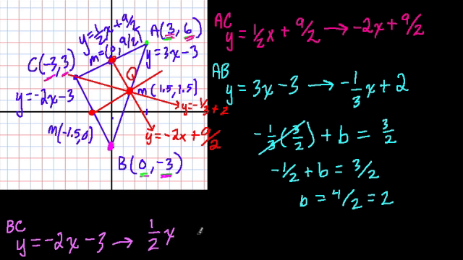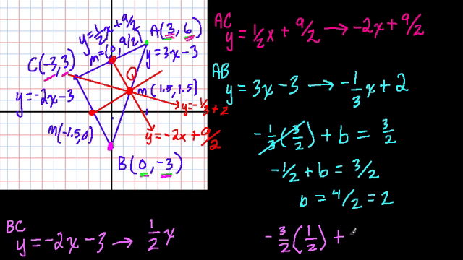And then again, we need to find the y-intercept. We don't know what it is, but we know it has to cross this point, negative 1.5, 0. So let's plug that in. So x is negative 1.5, or negative 3/2, times 1/2, our slope, plus something should give us what?